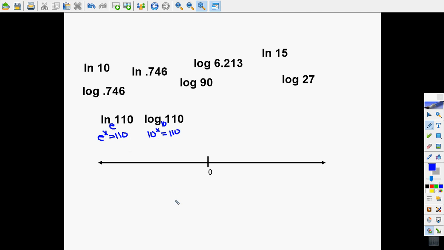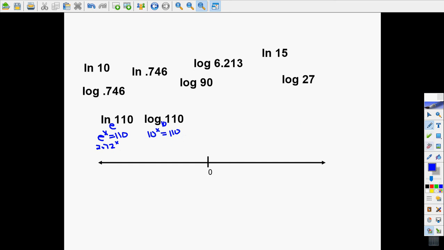We don't know exactly what that power is because it's not a whole number. E is 2.72. So how many times do I need to take 2.72 times itself to get to 110 versus how many times do I need to take 10 times itself to get 110?